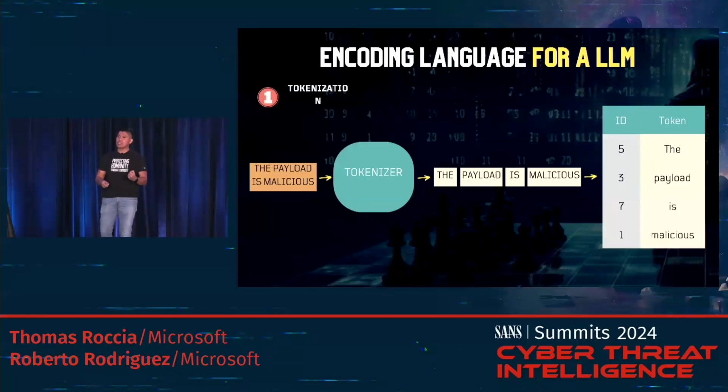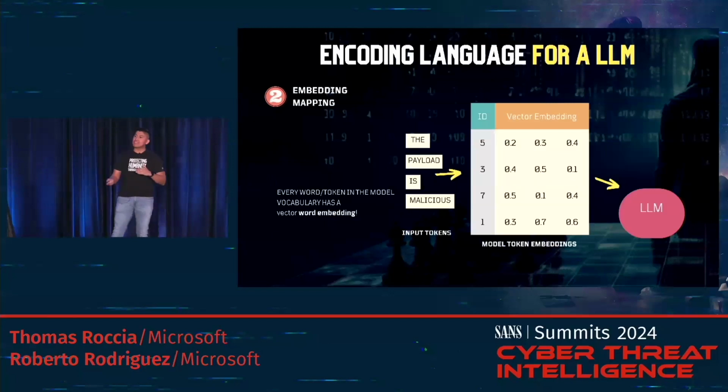One is tokenization, where you take the text and start breaking it down into small pieces, chunks, and this could be done by words or by subwords, and there's going to be an ID associated with these tokens. The next step is to take the tokens with the ID and get the vocabulary of embeddings of the model.